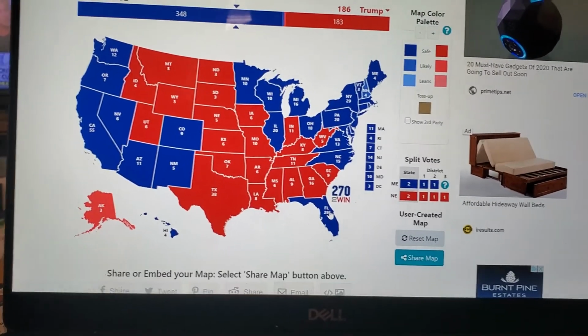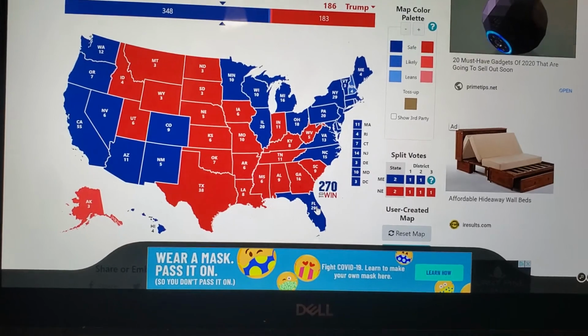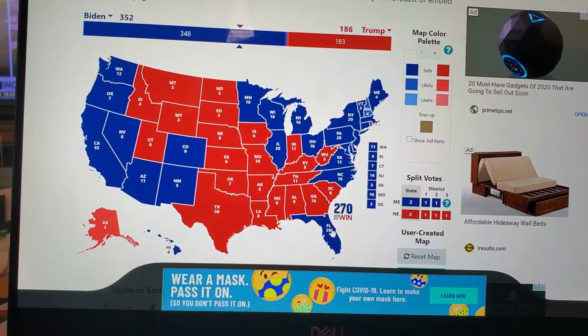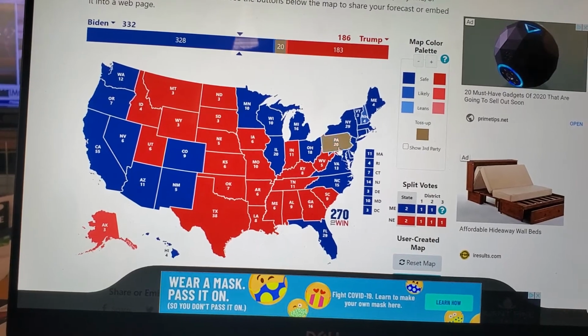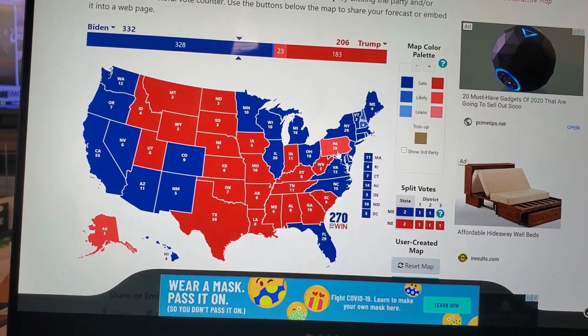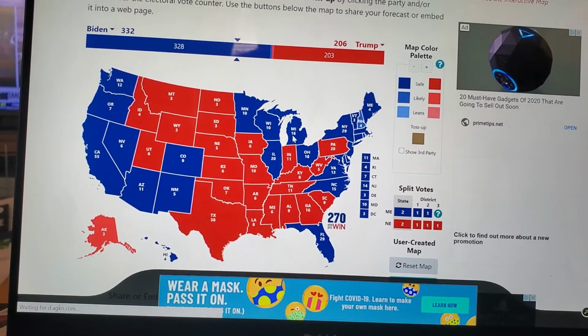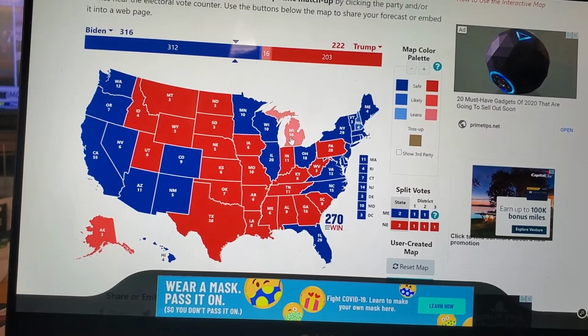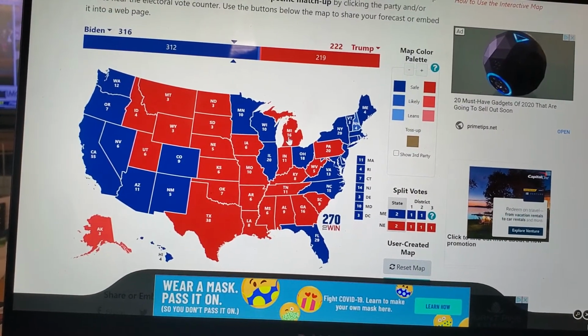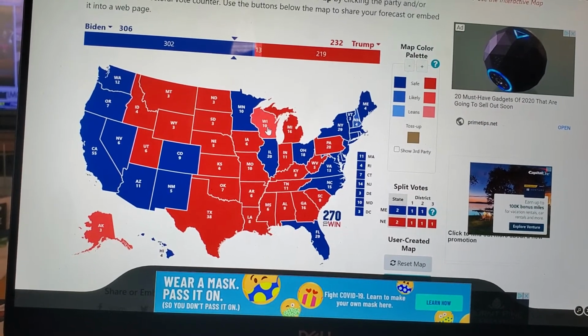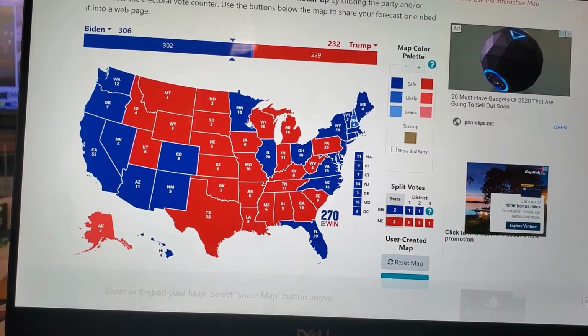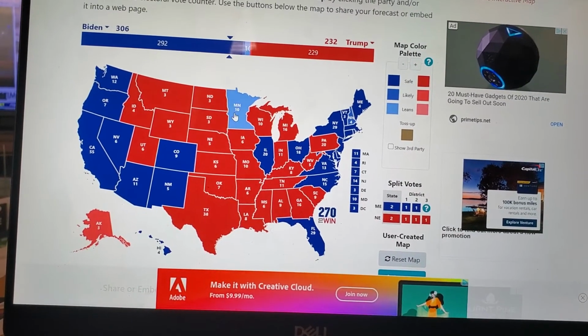Bill Clinton actually carried Florida in '96. So if Trump loses these states, he would really have to win the states that he carried 4 years ago in order to win. He'd have to carry Pennsylvania. He'd have to carry Michigan. He'd have to carry Wisconsin. And in addition, he would also have to carry Minnesota.